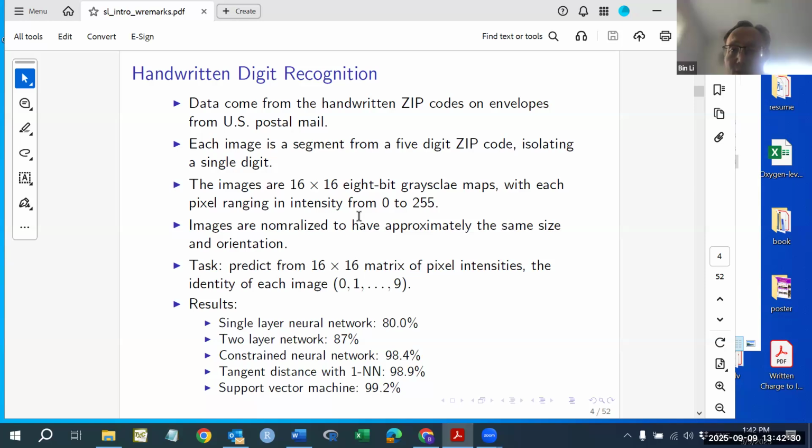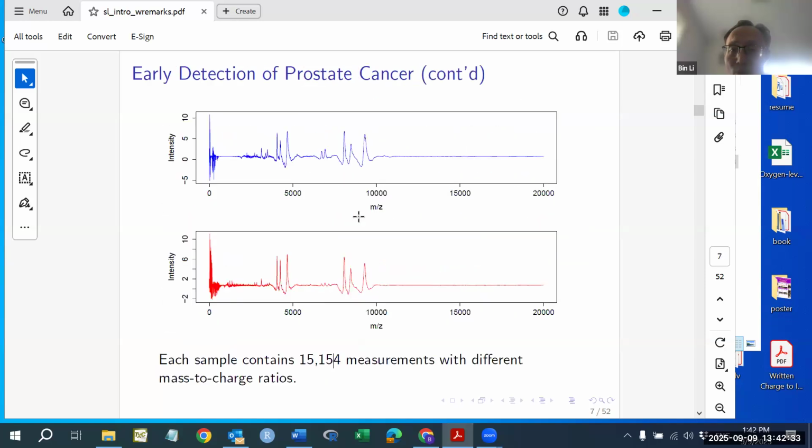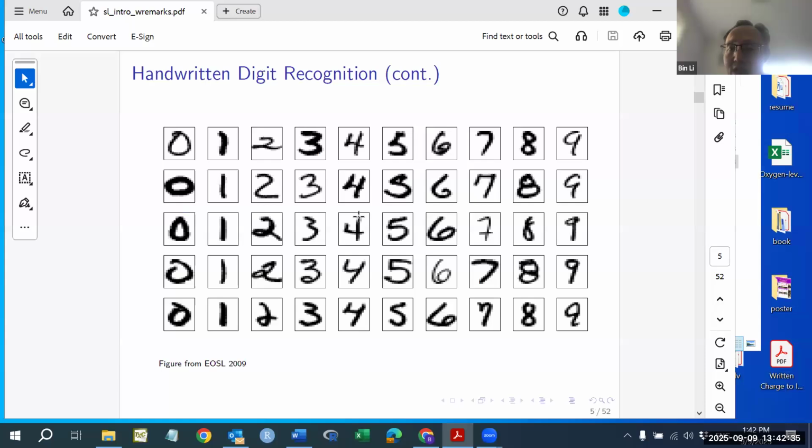And also in this example and in this example, you can see there is a high correlation among the X variables. Why? Because this is image data. Image data is well known to have autocorrelation. They call it spatial correlation, right? So the neighboring pixels are highly correlated. What does that mean?